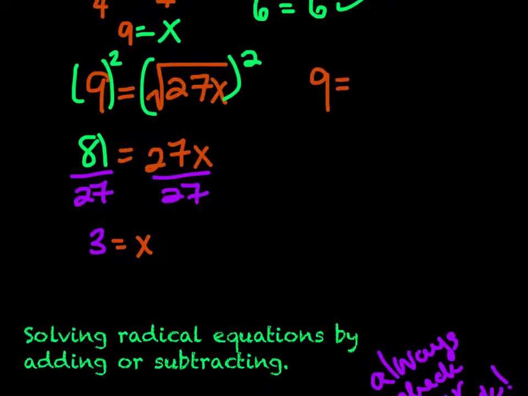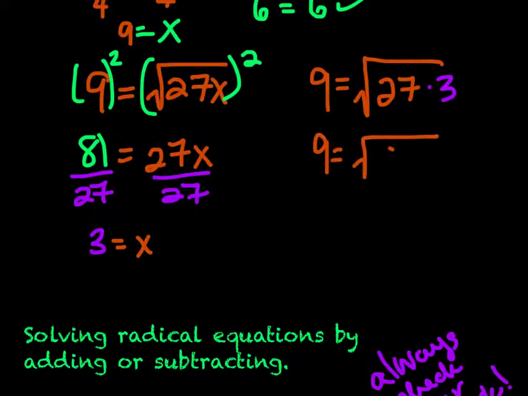So 9 is equal to the square root of 27 times 3. I didn't mean to say 8, I was looking at something out of the corner of my eye. So 9 is equal to the square root of 81, and the square root of 81 is equal to 9, and that is a true statement. 9 is always equal to 9.